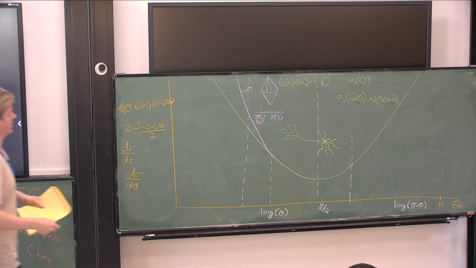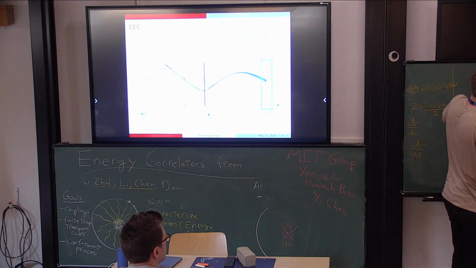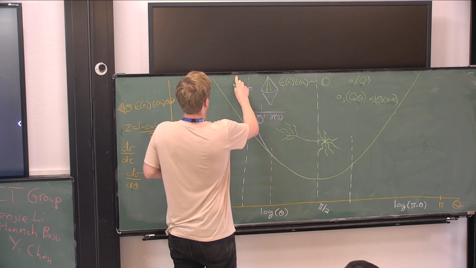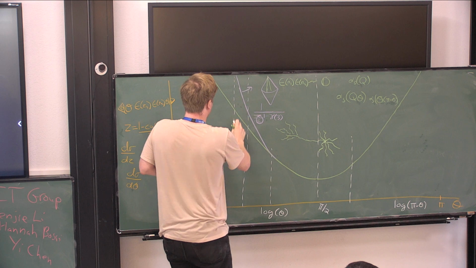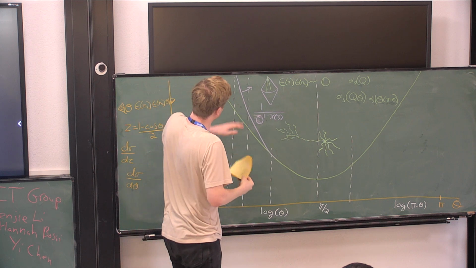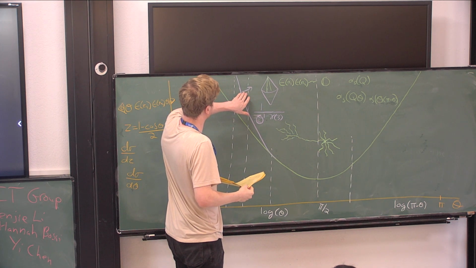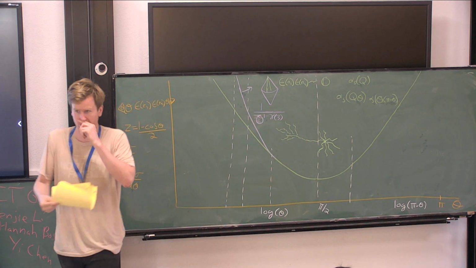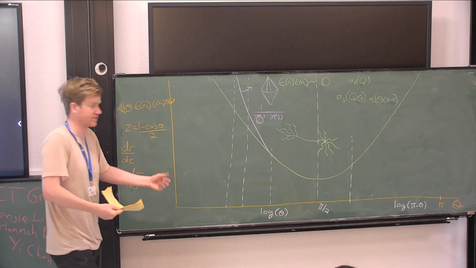In QCD, where you have the confinement scale, you then enter a regime with first corrections due to the presence of lambda QCD. You can think of this as doing conformal perturbation theory with the additional scale.